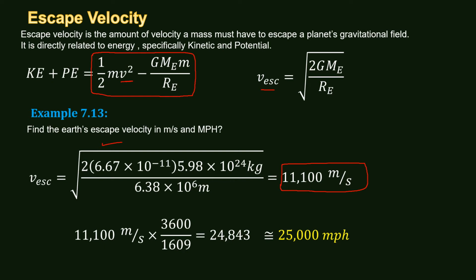And just so we can understand and compare how fast that is, it works out to about 25,000 miles per hour. So when a shuttle or a rocket is launched, it must reach this 25,000 miles per hour to actually escape the Earth's gravitational field and go into orbit.